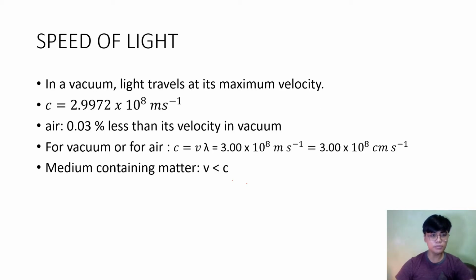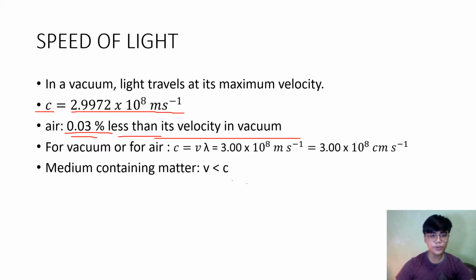For the speed of light, in a vacuum, light travels at its maximum velocity. This velocity, given with the special symbol c, corresponds to 2.9972 times 10 raised to 8 meters per second. The velocity of light in air is only about 0.03% less than its velocity in vacuum.